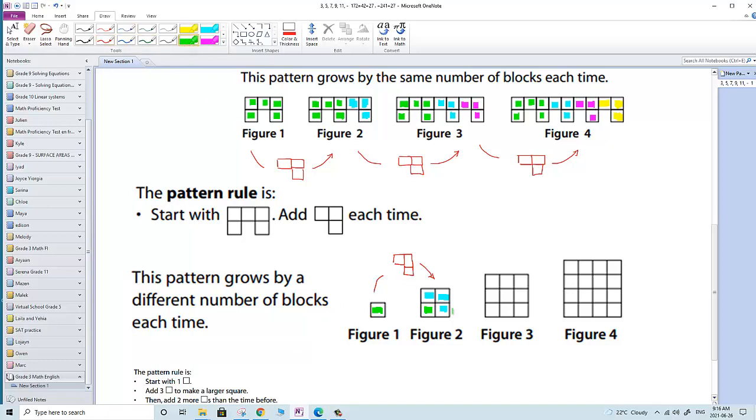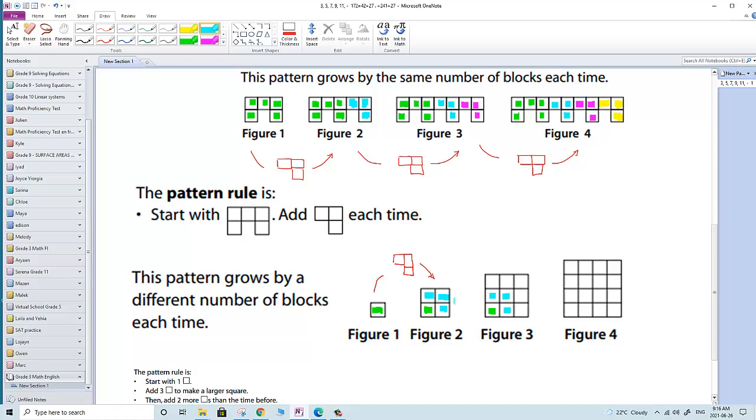Can I have it in figure 3? Actually, I see the green here, and the 3 blue around: 1, 2, 3. Oops, what is this? There is something strange here.